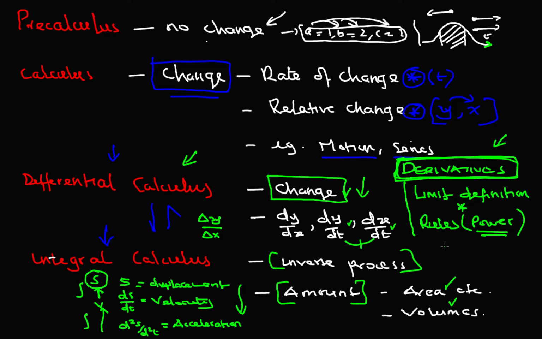So again, you start with the limit definition of the derivative, and then you also go in and understand the rules of differentiation. Could be the sum rule, quotient rule, and all that. But we're going to focus on the power rule first because that is what links everything together. So let's begin by looking at the limit definition of derivatives.